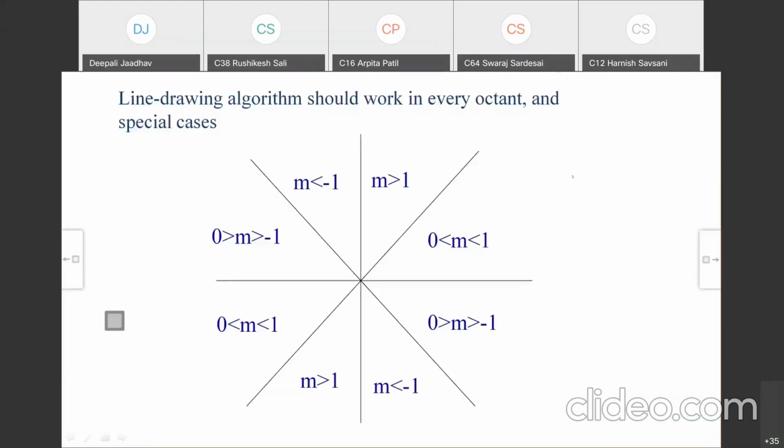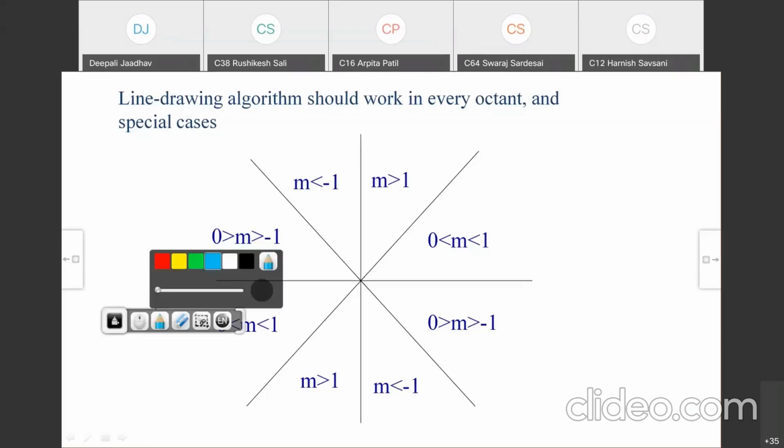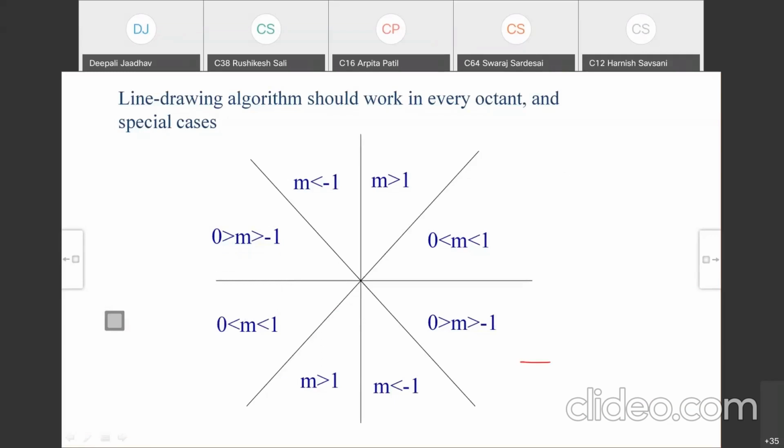As I told, the X and Y coordinates, if we consider a 2D plane, it is in this way X and Y. When we consider a quadrant, what do we say? It is the first quadrant, second quadrant, third one, and this is the fourth one. In the first quadrant, X is positive, Y is also positive.